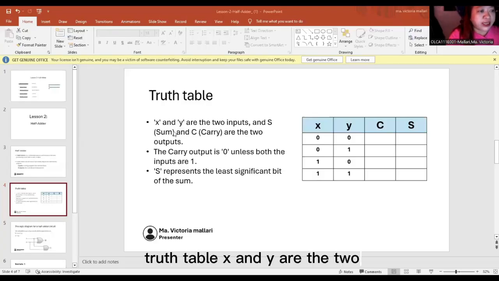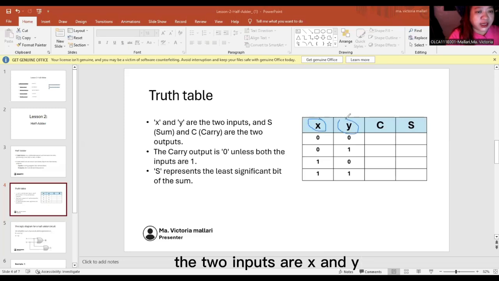Truth table. X and Y are the two inputs, and the two outputs are carry and sum.